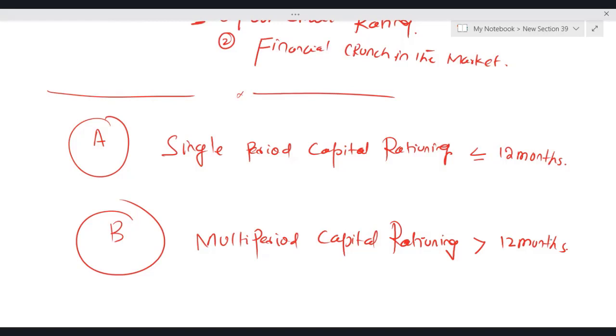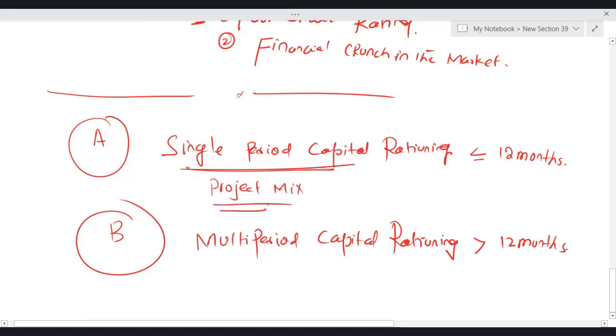In the financial management paper, we have single period. Now listen, in single period capital rationing, when we go towards project mix, for preparing the project mix, we use profitability index. We use profitability index when all projects are divisible.